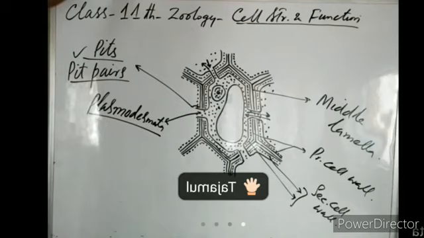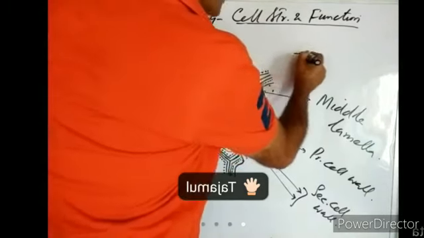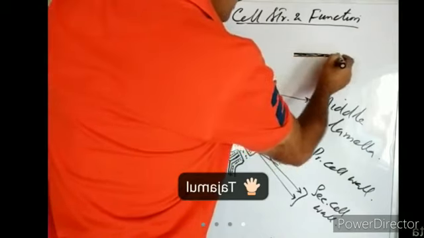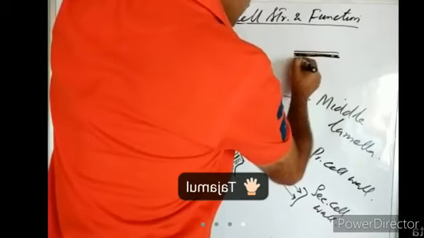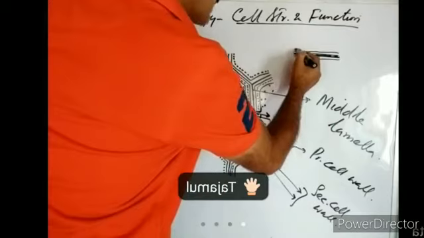Now you know the cell wall in plants is formed of two layers, primary cell wall and secondary cell wall. They are laid on the two surfaces of the middle lamella. Suppose this is the middle lamella. On the two surfaces of the middle lamella, a primary cell wall is laid. Then on the two surfaces, the secondary cell wall is laid.